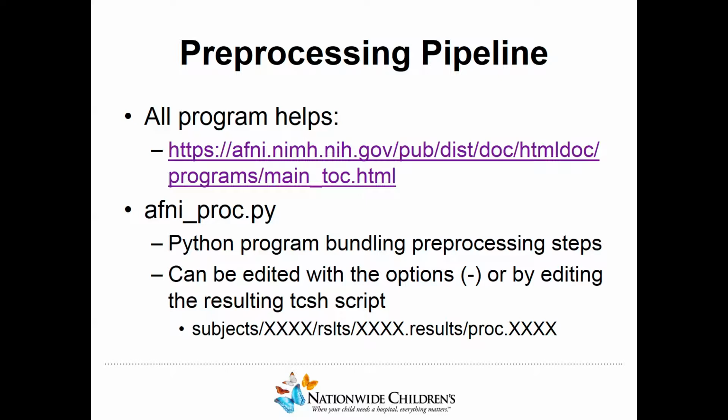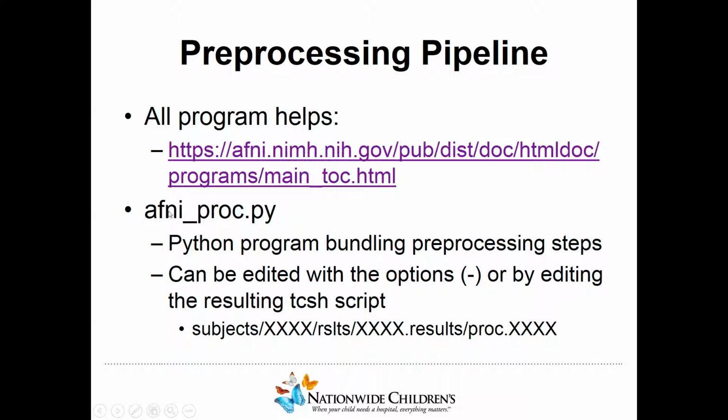There's a couple of things that are nice about that. One is if you need to make small alterations or changes for a given subject, you don't need to hand edit a really long script. You can just change some options within AFNI ProcPy and it'll generate the right script that you want. The other thing is that it's pretty flexible.